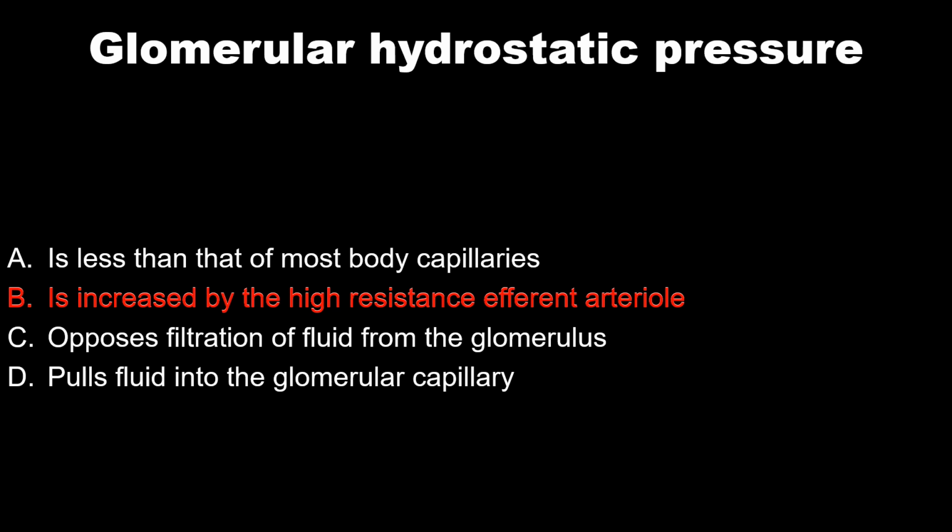So this is going to be increased by that high resistance arteriole. That arteriole is smaller than the glomerular blood vessels, and so it sort of backs up and increases that pressure. And so just like the Play-Doh spaghetti hair, it's going to squeeze all this fluid out through those pores.